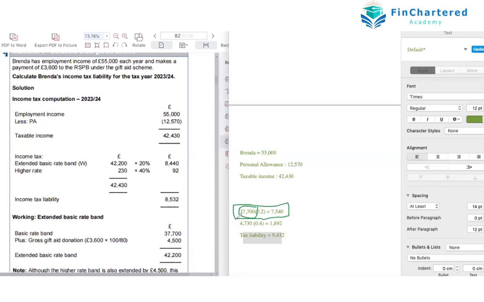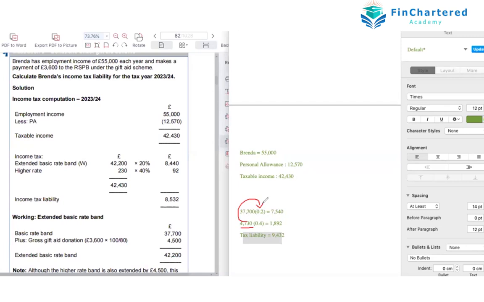Instead of paying 40%, more of your income... What do I mean by more of your income? A part of this income, which was actually supposed to be taxed at 40%, is moving to being taxed at 20%. So it is a 20% relief you're getting. Instead of paying 40%, you're paying only 20%. So it's like you're getting a discount.